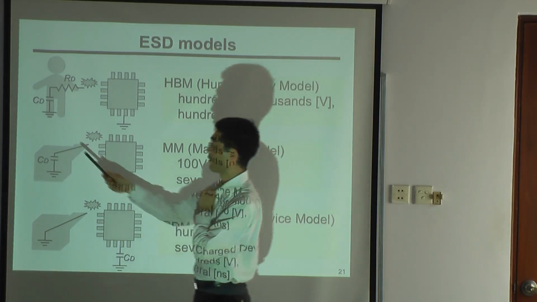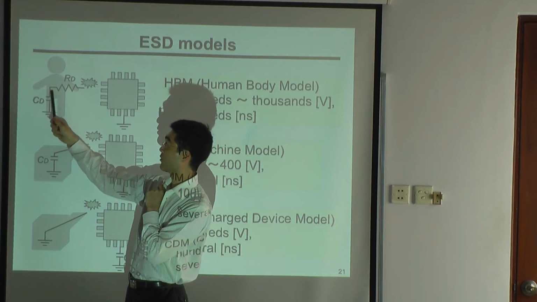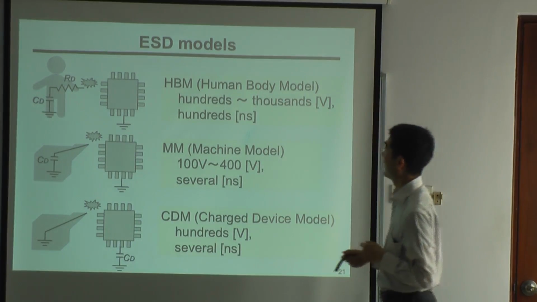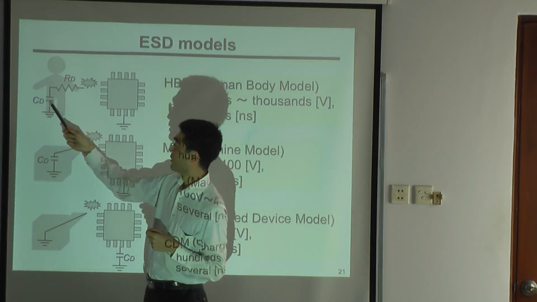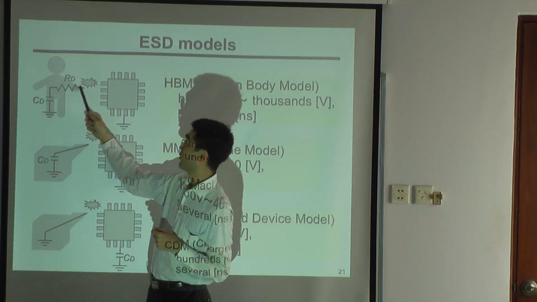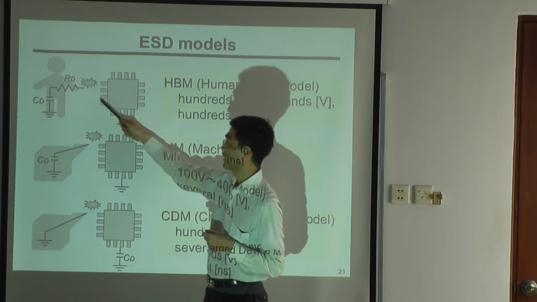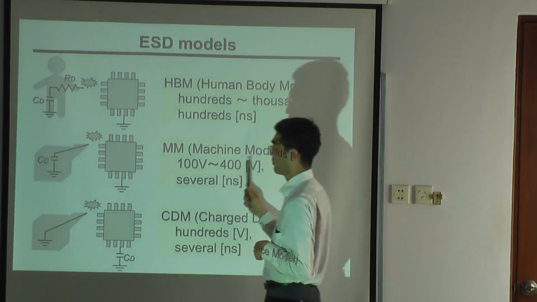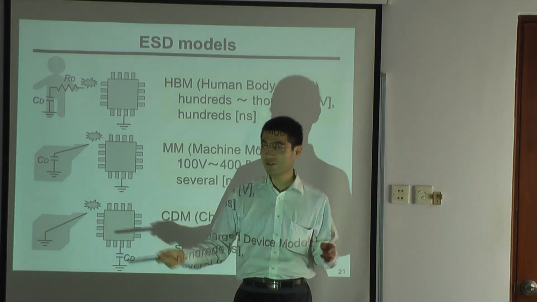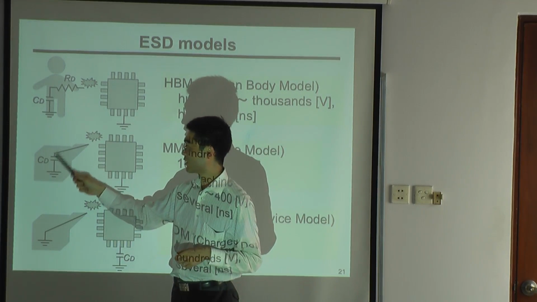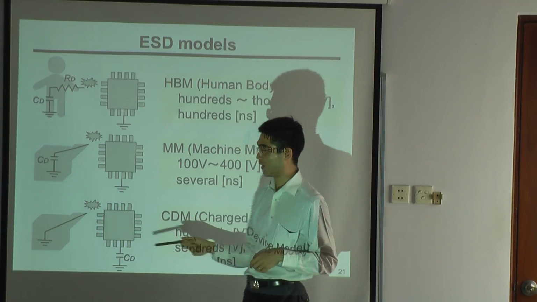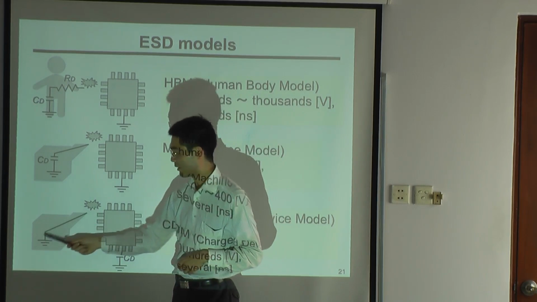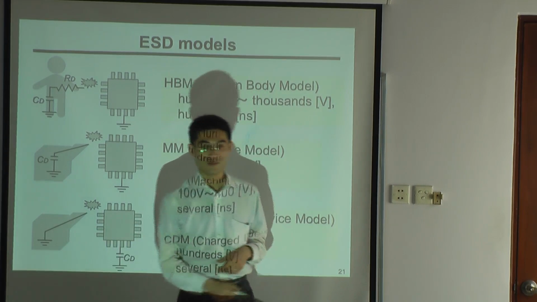So the 100 volt charged capacitance is connected to the human body resistance, and this RC circuit attaches to ground. For the machine model, usually the machine is assumed to have no resistance, so the charged capacitance comes directly to the LSI. And in the charged device model, the charged LSI is directly touched by a grounded machine.